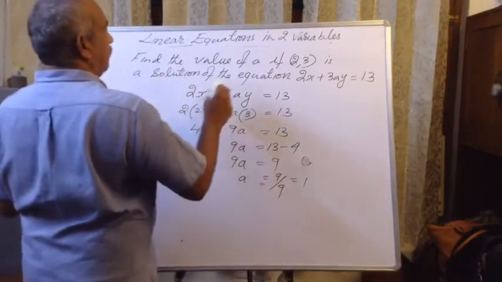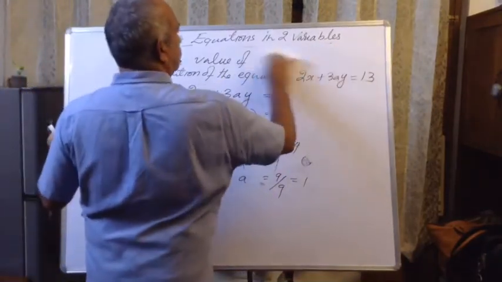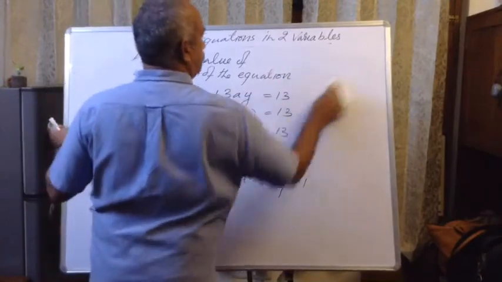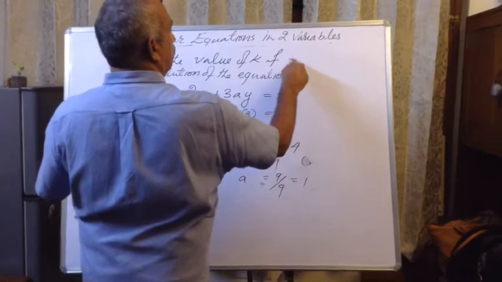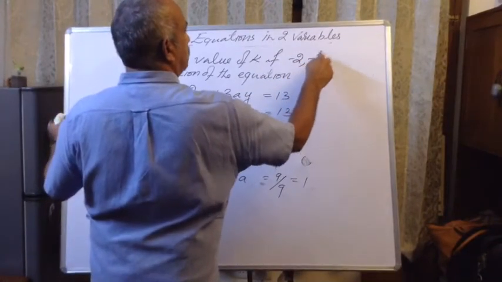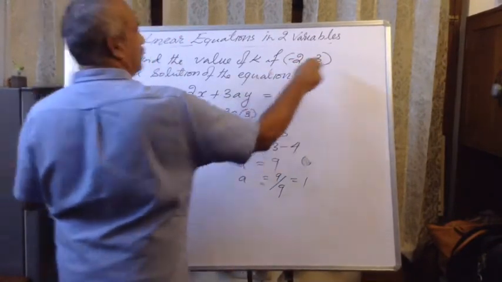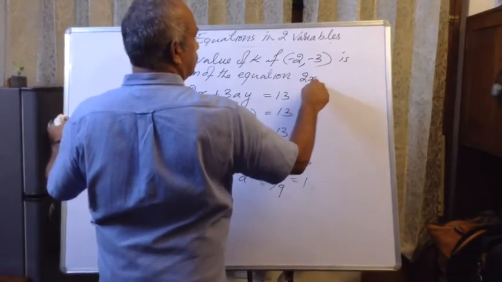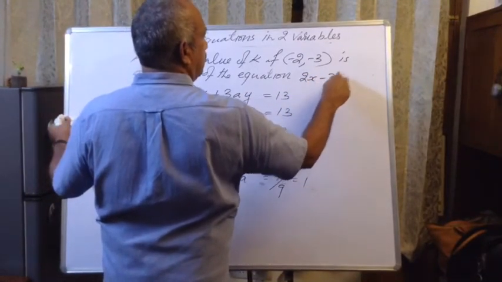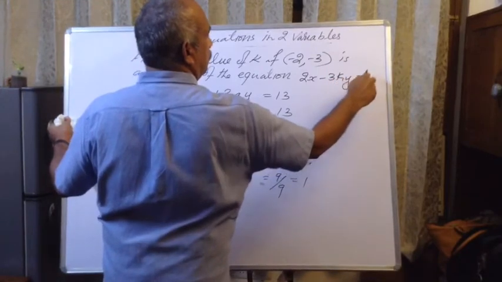Say, find the value of k if minus 2, minus 3 is a solution of the equation 2x minus 3ky is equal to 7.